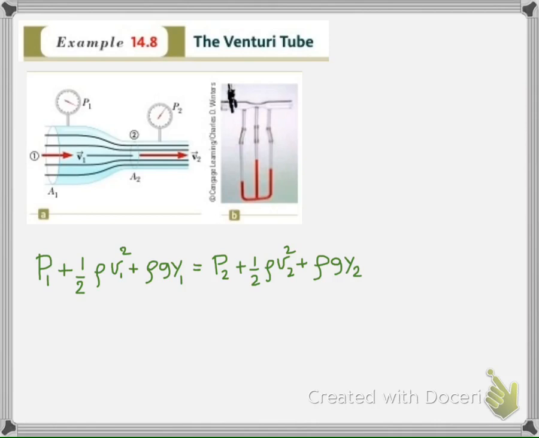And if the flow is at the same level, that is, if y1 is equal to y2, the Bernoulli equation can be rewritten as P1 plus 1/2 of rho V1 square equal to P2 plus 1/2 of rho V2 square.